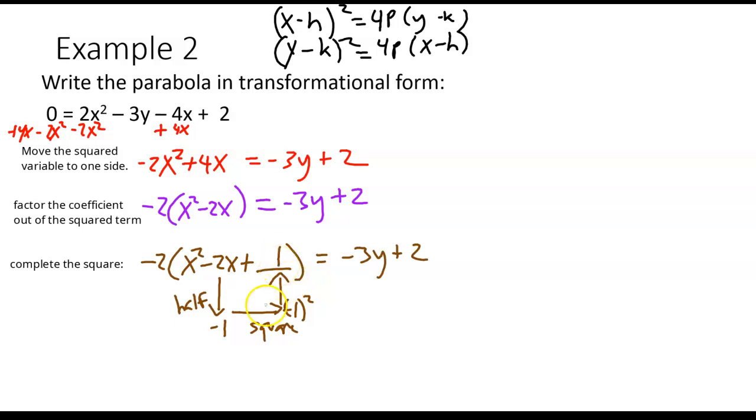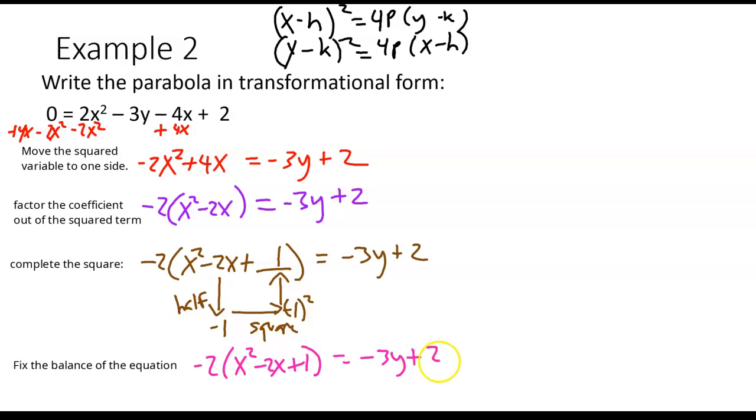Okay? Now, I just added a number to this side of the equation, so we need to fix the balance of our equation now. So how do we do that? Well, we'll leave this side alone for a minute. To fix the balance, since I added something on the left side, I also need to add something on the right.